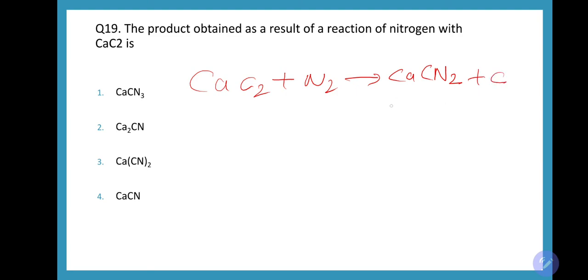CaCN2 is known as nitrolim. So the correct answer is CaCN2. Clear? Now the last question of today's session.